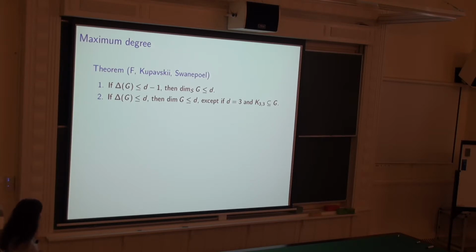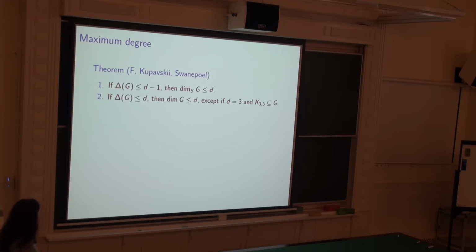And if the maximum degree is d, then maybe we cannot embed it on the sphere in R^d, but still we can embed it in the space, except for case 3. And these are best possible because we cannot embed the simplex on d plus 1 vertices on the sphere, and we cannot embed the simplex on d plus 2 vertices in the space.